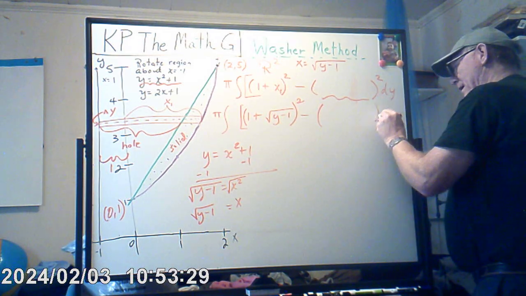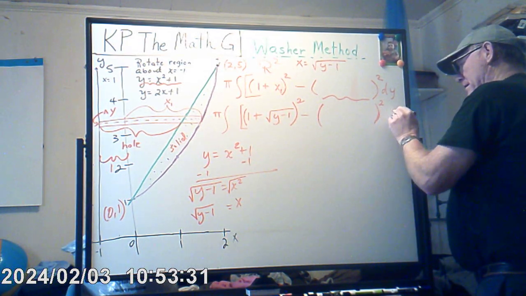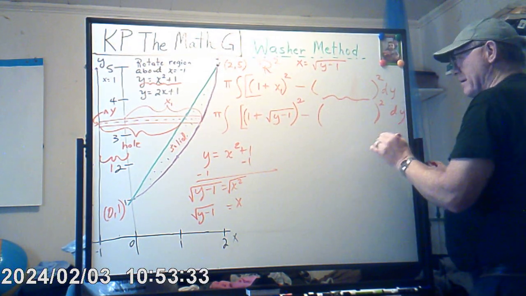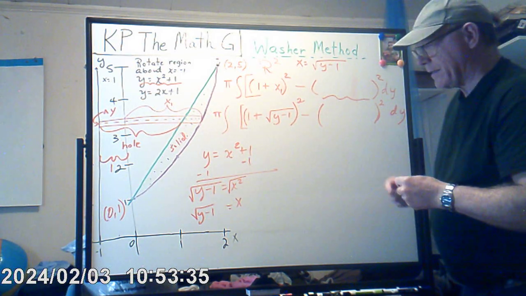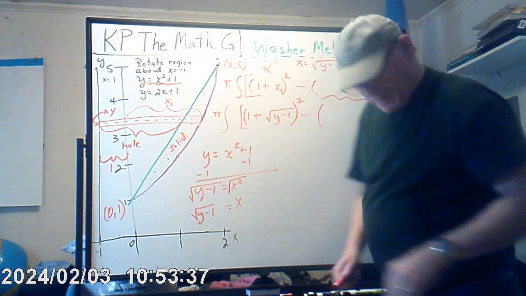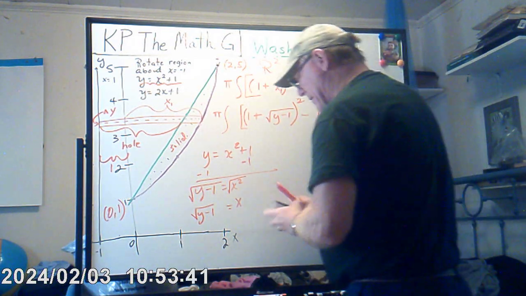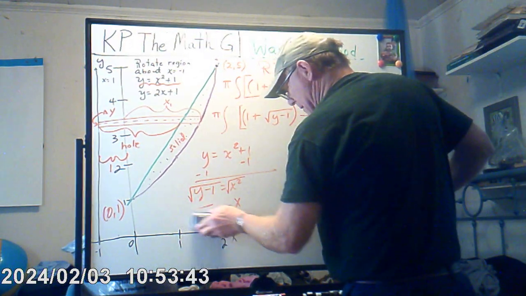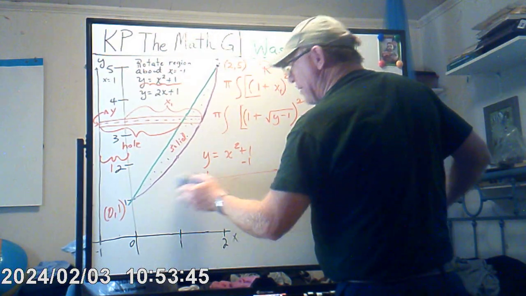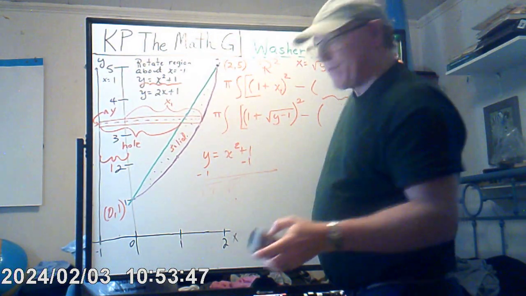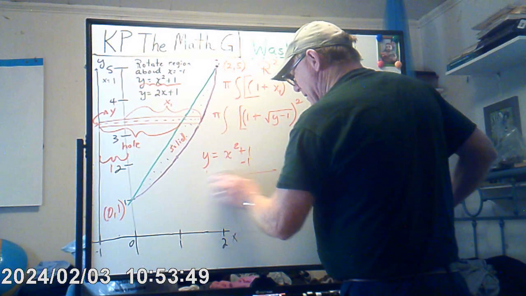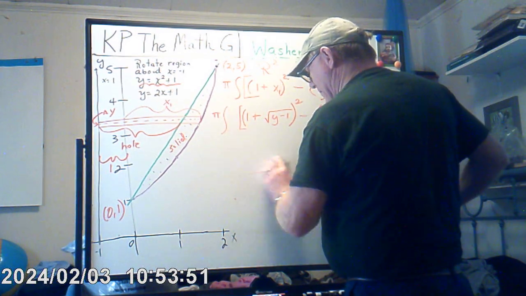This is squared dy. Now, let's look at that. Let's erase this, wherever I put my eraser. I can't flip my board over because I want to see what the graph looks like. Alright, there's that one.